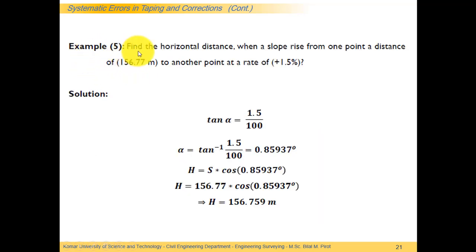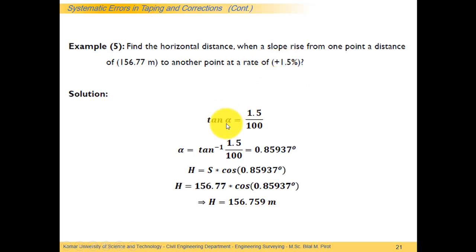So we can find h based on these formulas. We have this example. Find the horizontal distance when a slope rises from one point, a distance of 156.77 meters, to another point at a rate of 1.5. This 1.5 is the slope, so it means in every 100 meters, we will rise 1.5 meters. This is the percent.